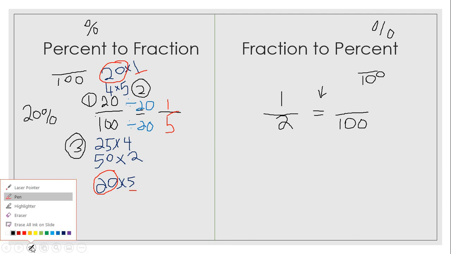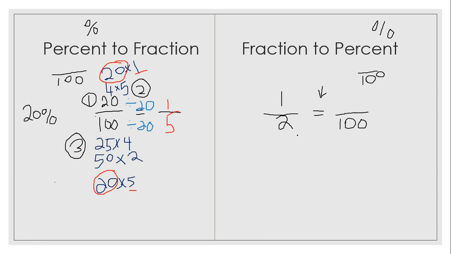Okay, then I want to compare what I did at the beginning, this first example, with this second section. So over here, I went from 100 to 5. It decreased, and as you can see, we divided.